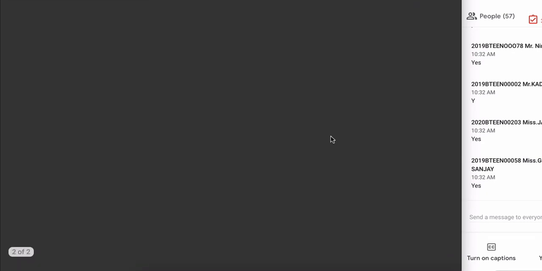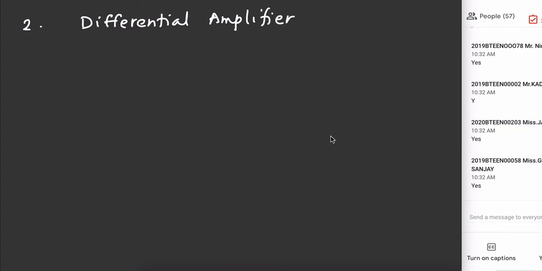Second requirement we have is it should be a differential amplifier. Why differential amplifier? Because it helps us in removing noise.